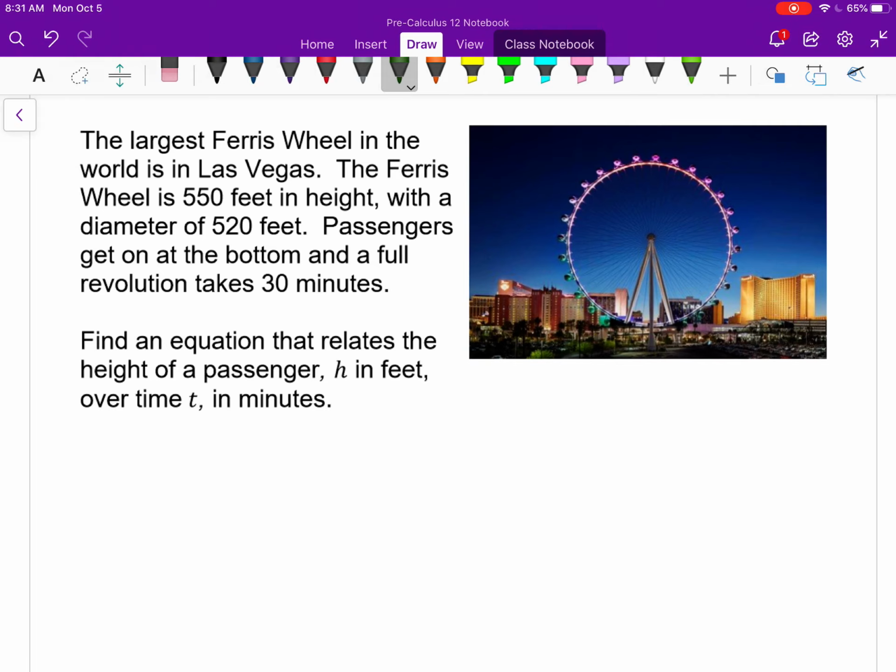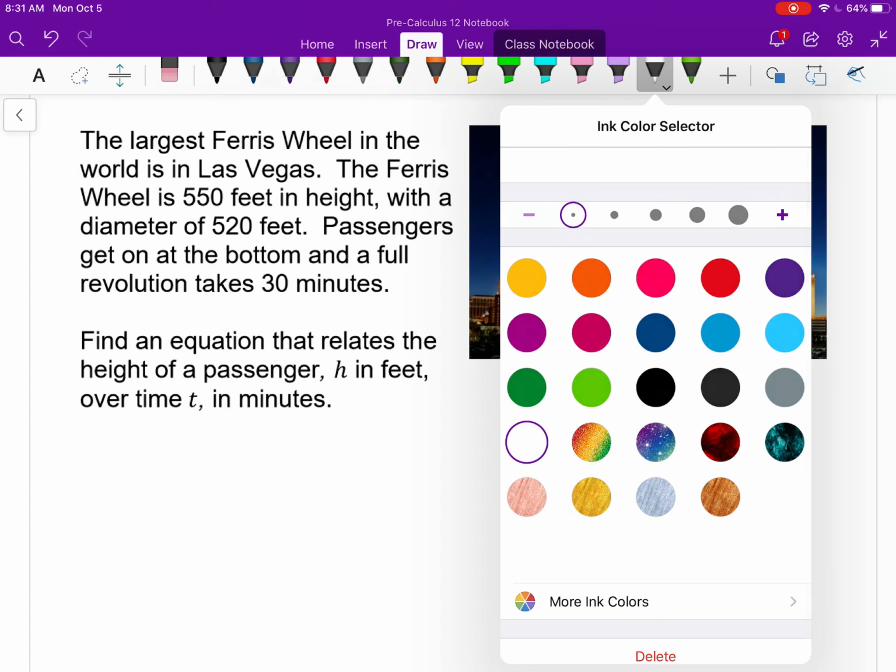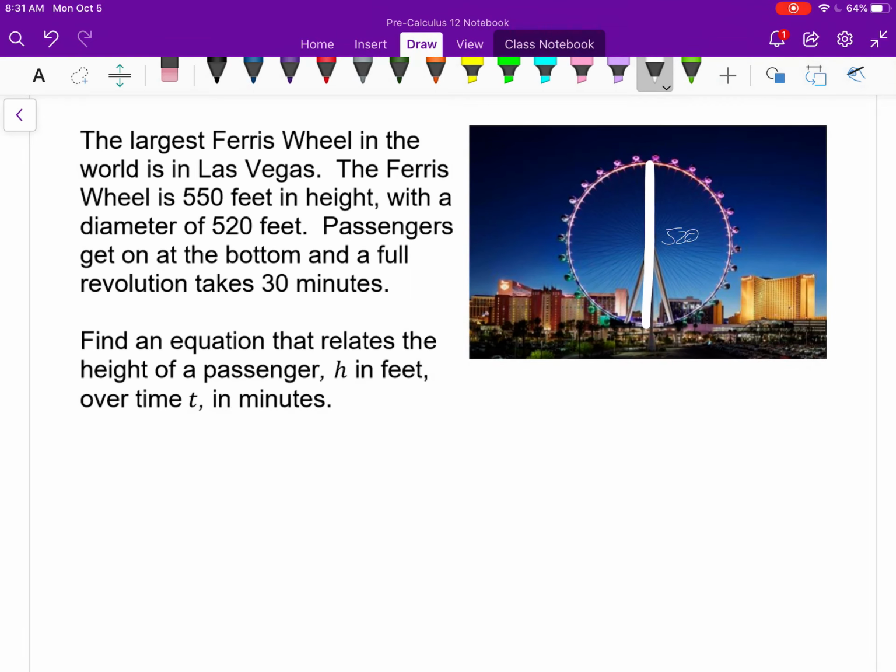The Ferris wheel is 550 feet in height with a diameter of 520 feet. So the distance from here to here is 520 feet.